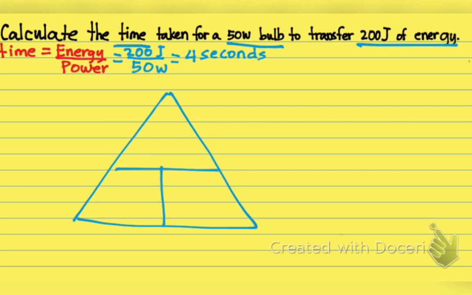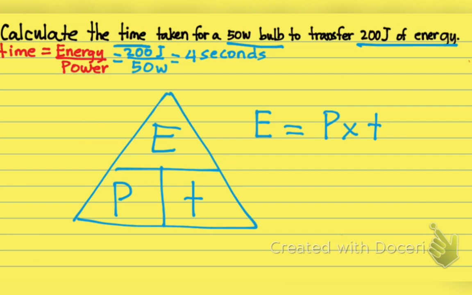Going back to our formula triangle, we have the energy on the top and the power and the time at the bottom. If you do not know energy, to calculate the energy transferred, our equation is energy is equal to power multiplied by the time.